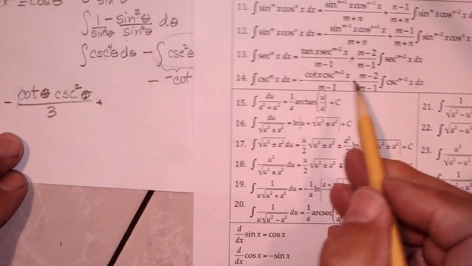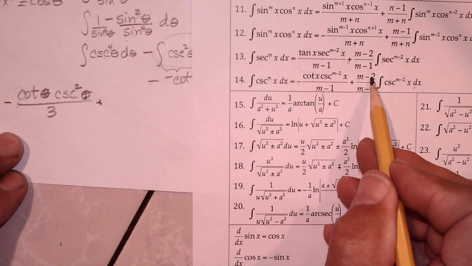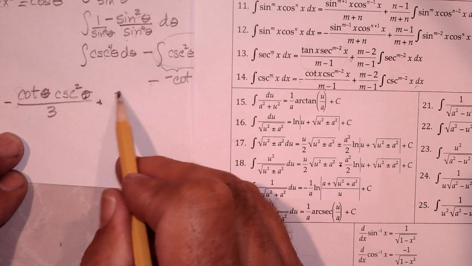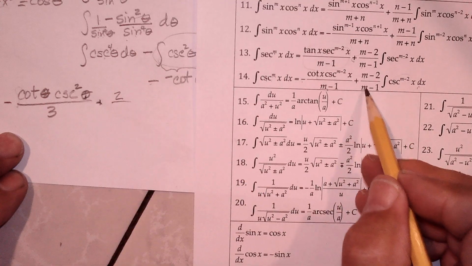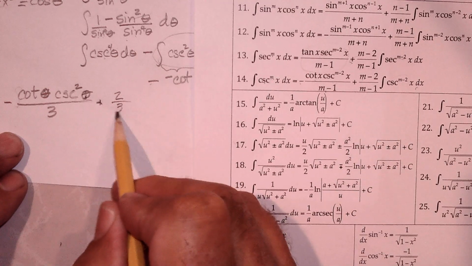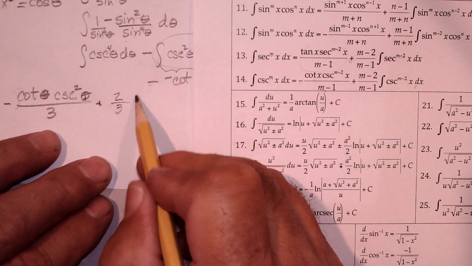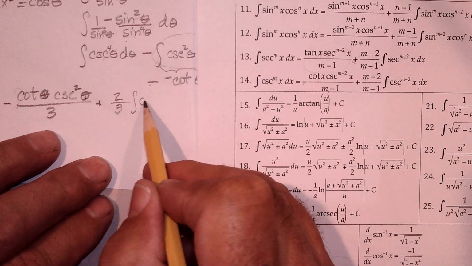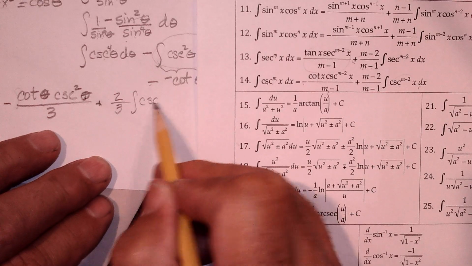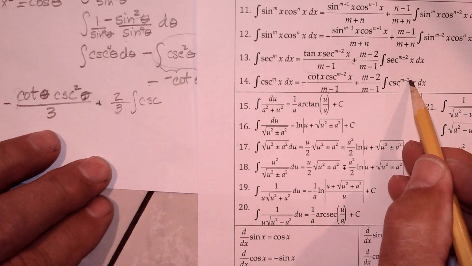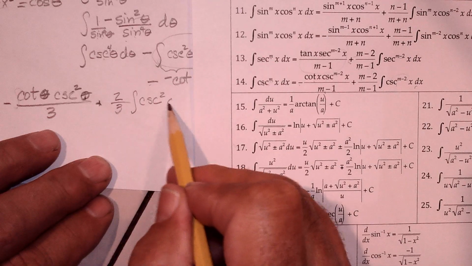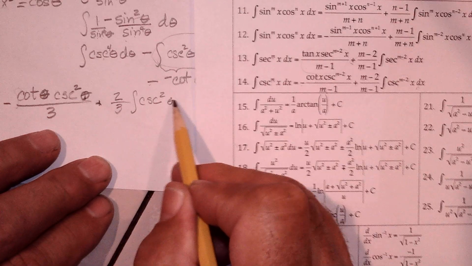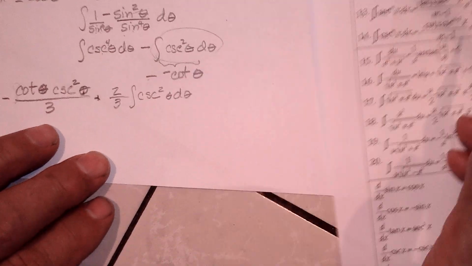Plus 4 minus 2 is 2 over 4 minus 1 is 3. Antiderivative of cosecant to 4 minus 2, which is 2, theta d theta.